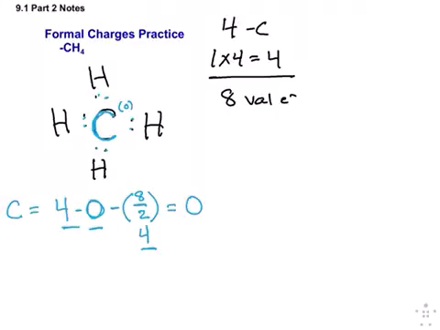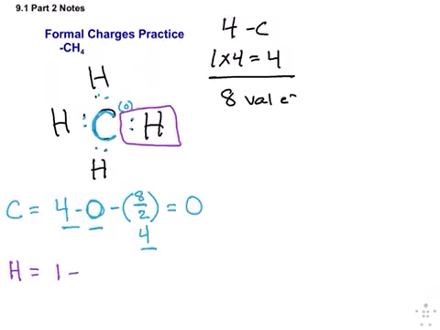All right, so if we look at this hydrogen right here, because I said every atom in the compound needs its formal charge figured out. This hydrogen brings how many valence electrons to the table? 1.